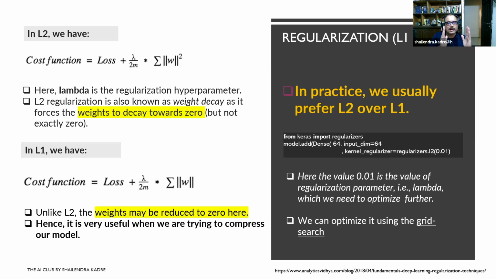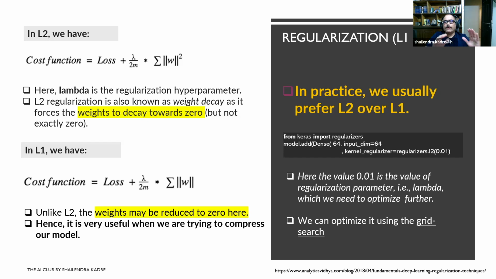And in lasso, beta coefficients become 0. And in Ridge, beta coefficients become near to 0, but they never become 0. In lasso they become 0.